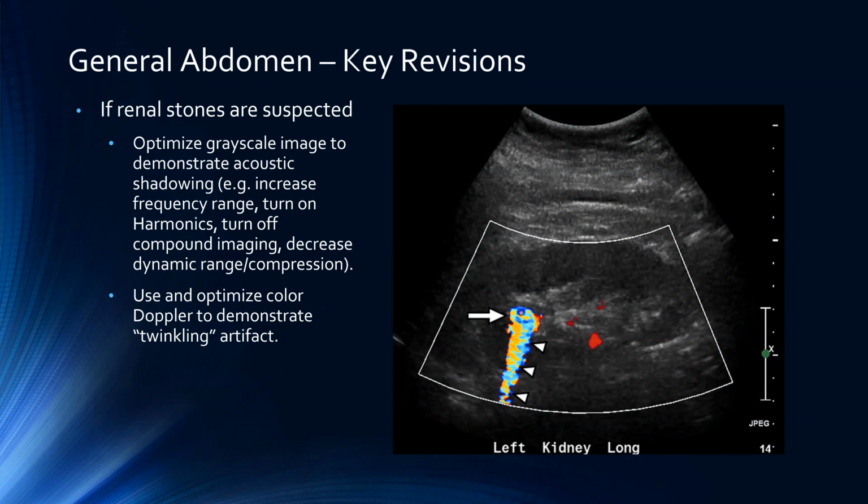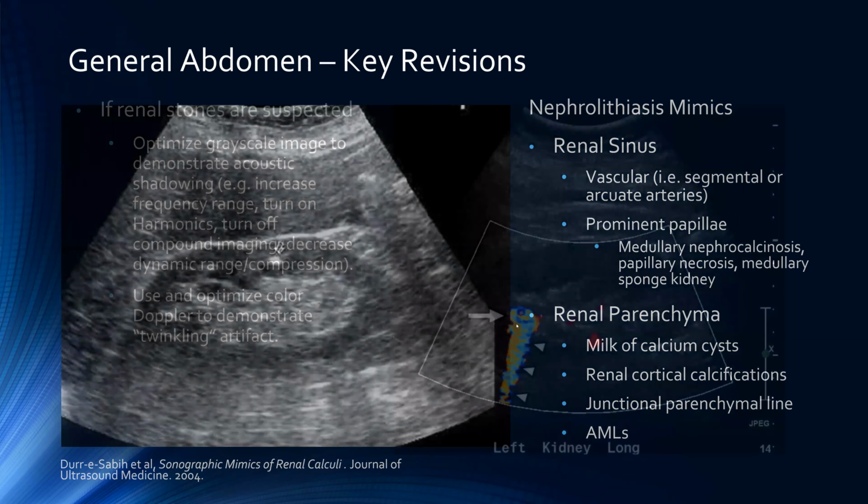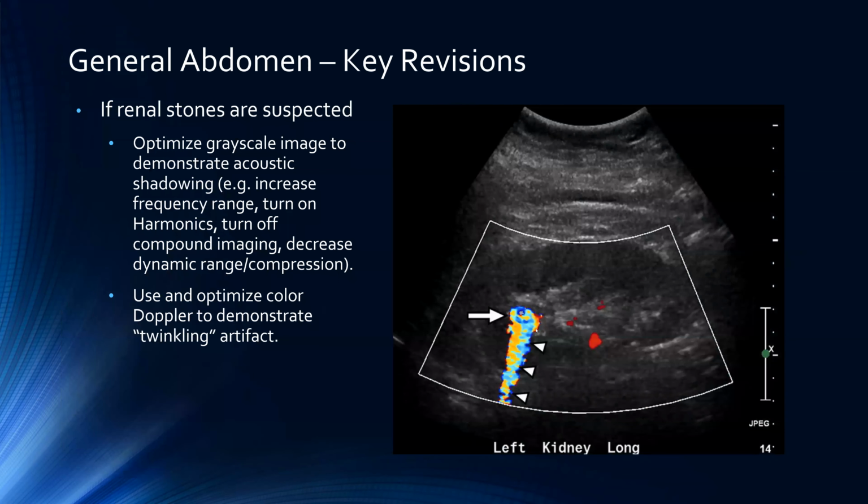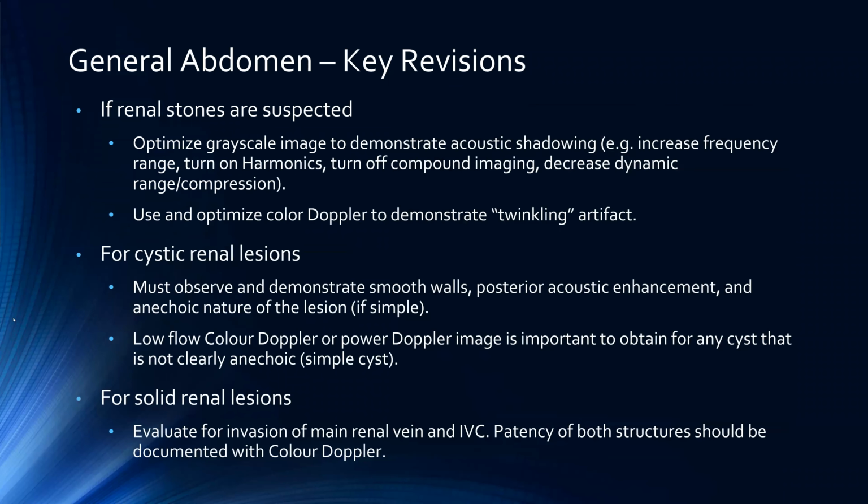At least some studies have shown a better correlation of the true stone size at CT or pathology with the width of the shadow rather than the echogenic component. So it can be useful to measure the shadow right posterior to the echo, and that can give a little bit better estimate of the true stone size. Not as critical, but just something to keep in mind.